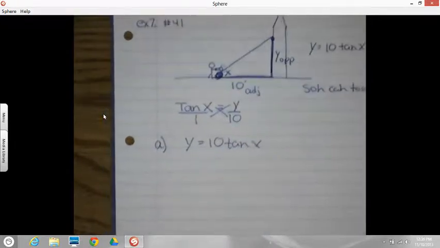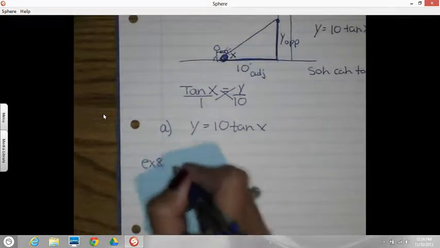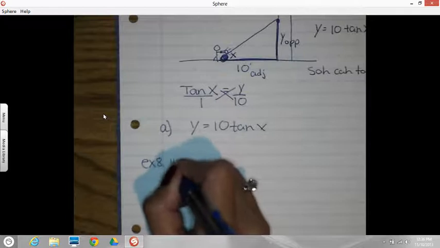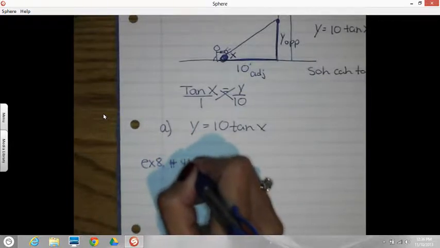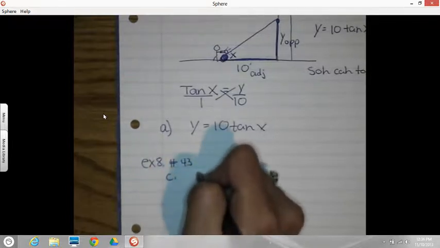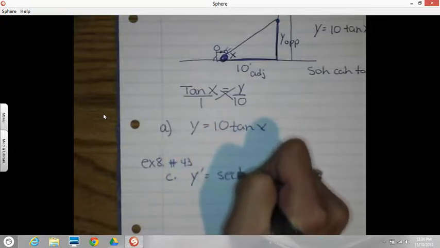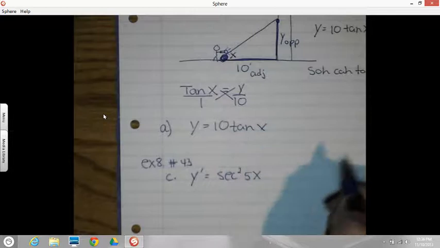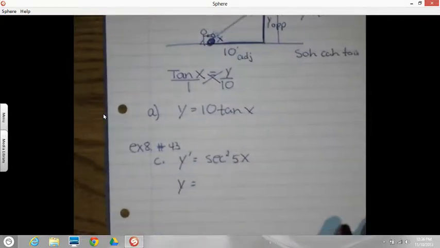Okay, and my last example is doing one of your antiderivative problems in number 43, I believe it is. I'll do C with you. It says if the derivative of some function is secant squared 5x, can you figure out what the function was to start with that has that derivative?